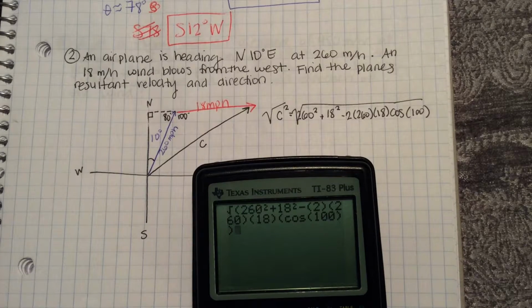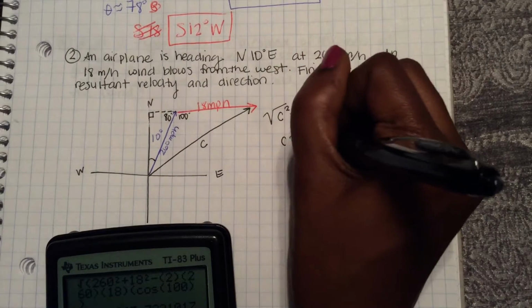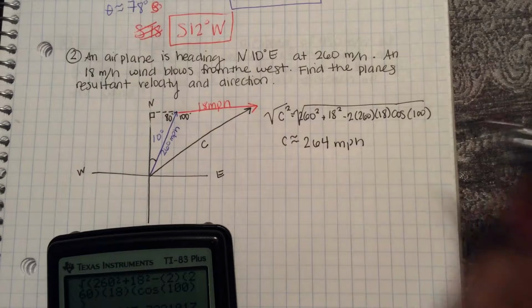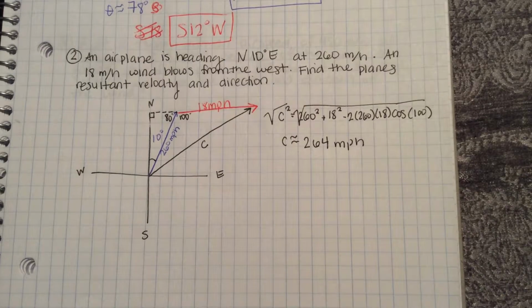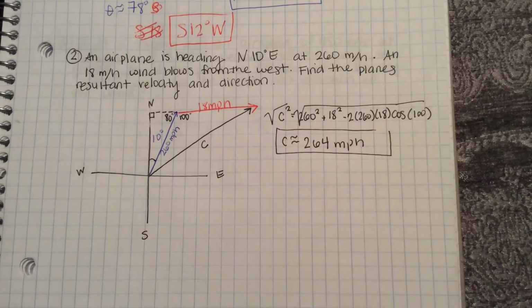So it's about 264 miles per hour. So now I need to figure out the direction. So that's the speed or the velocity of my plane.